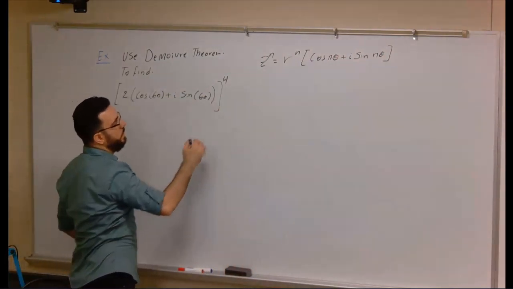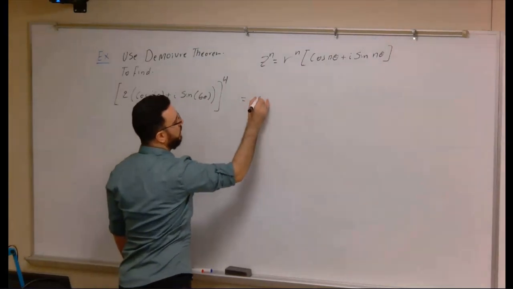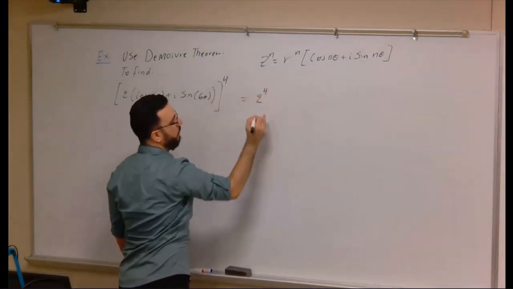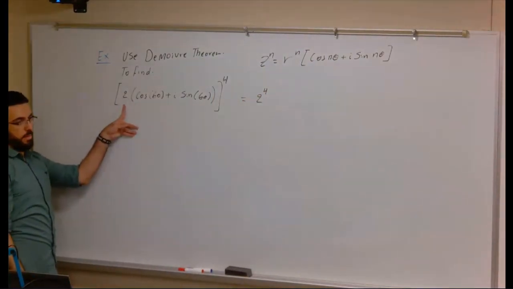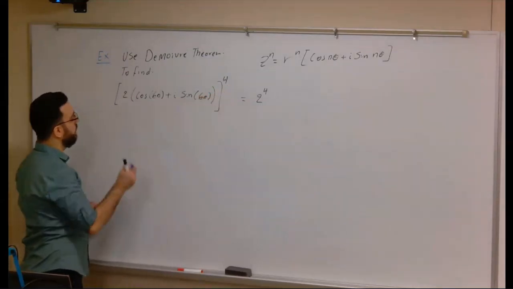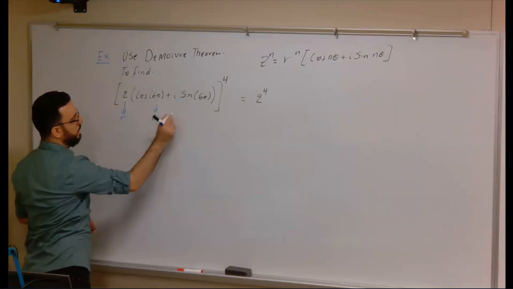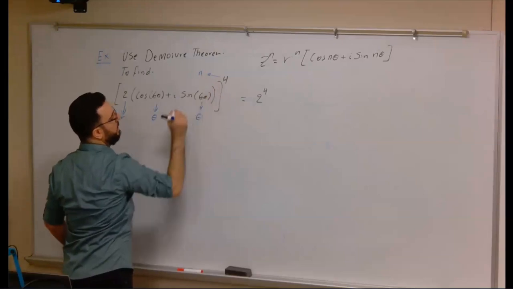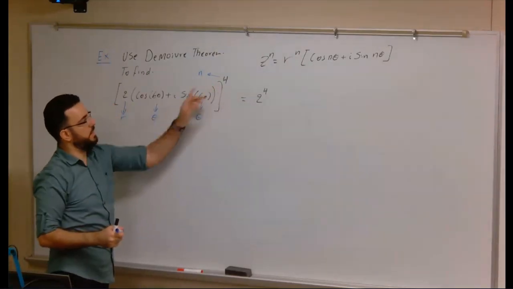That means this number is going to be equal 2 to the power n, because n is 4, so 2 to the power 4. Here is the R, and here's the n. This is R, and here is theta. And this number is n. So I'm going to use this, the z to the power n, the same thing.